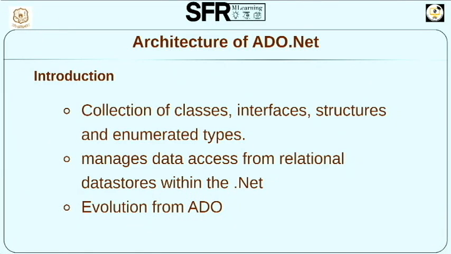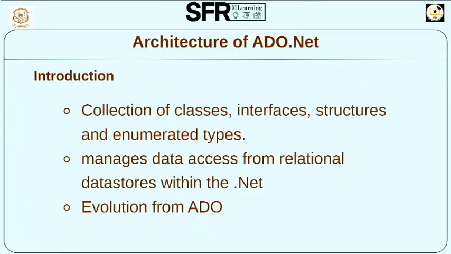ADO.NET is a collection of classes, interfaces, structures and enumerated types that manage data access from relational data stores within the .NET framework. These collections are organized into namespaces called System.Data, System.Data.OleDb, System.Data.SqlClient. ADO.NET is an evolution from ADO.